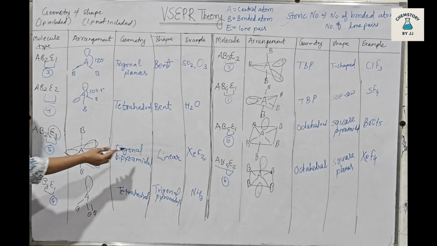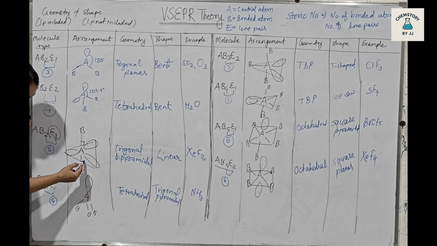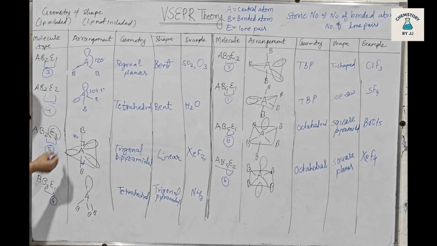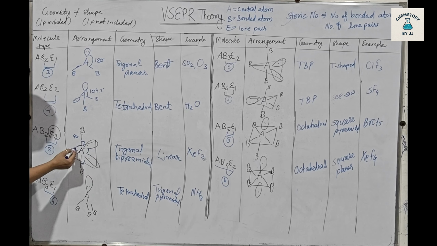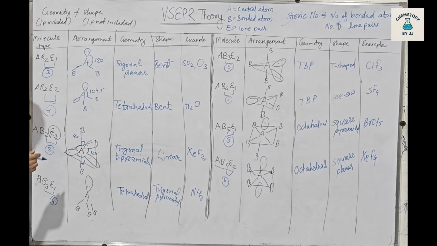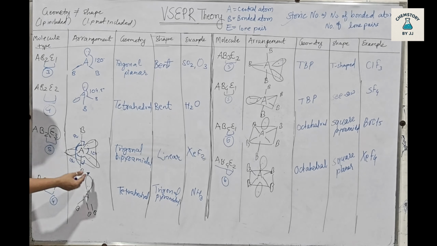Now moving forward with the next. See, these two are perpendicular on the plane, so it will be forming 90 degree. These three will be having a distance of 120 degree, right? And other than that, these two B's will be having a proper 180 degree, right?